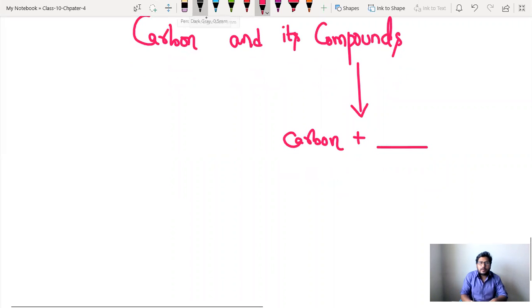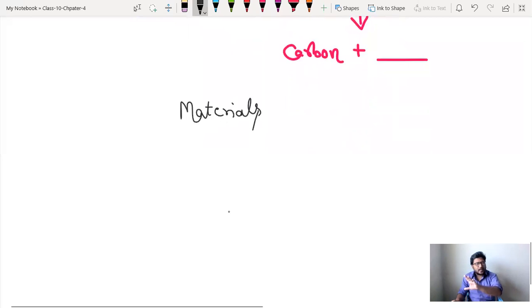Now, you have many materials around you. You can turn your head, you can find many materials in your room, in your house, right? Different materials.